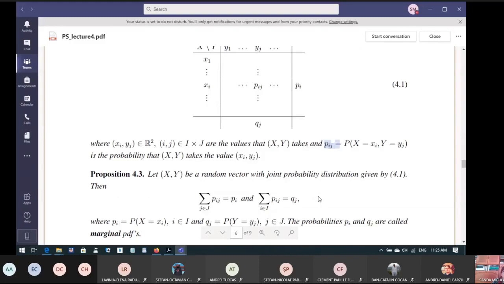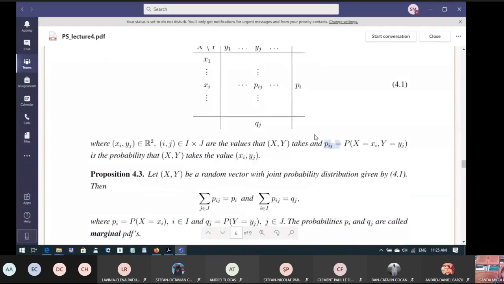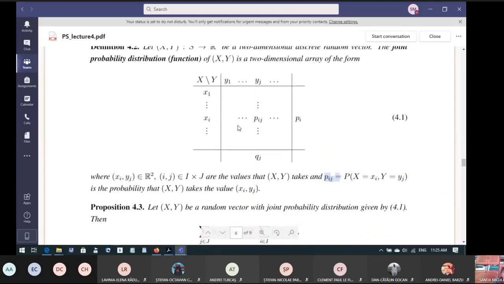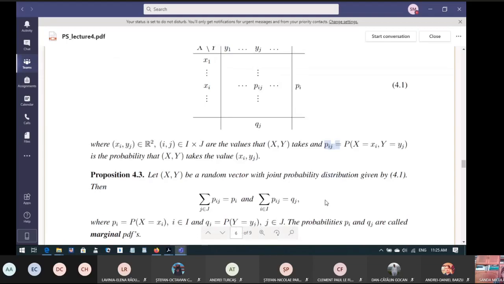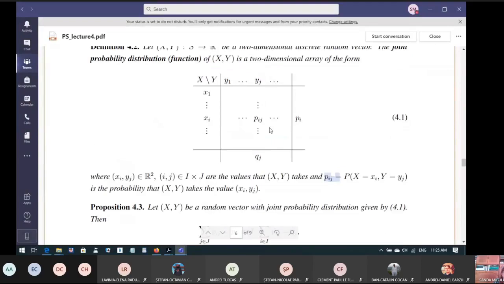Now, some important properties that will be useful later on. We have a random vector, a discrete random vector with this joint PDF. We can get the PDFs of the two components very easily from the PDF of the vector. How? By simply adding all these probabilities either on rows or on columns.